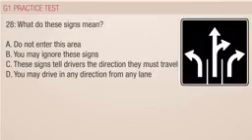Question 28. What do these signs mean? A. Do not enter this area. B. You may ignore these signs. C. These signs tell drivers the direction they must travel. D. You may drive in any direction from any lane.